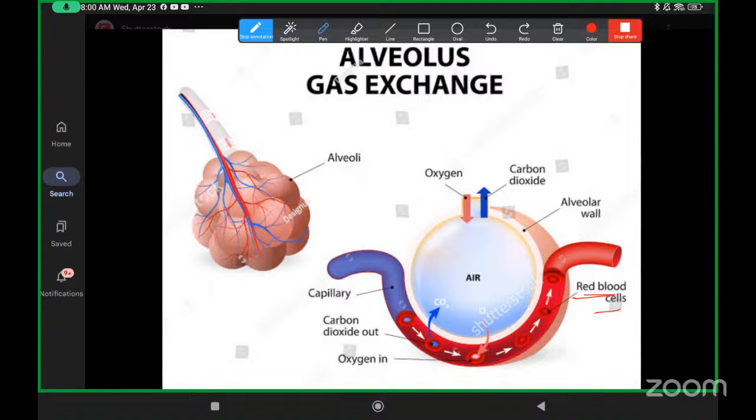Mostly arteries are associated with oxygenated blood, but there is one type of artery that carries deoxygenated blood. This one artery flows from the heart to the lungs carrying deoxygenated blood. So my question is, why have they put a capillary in the diagram?